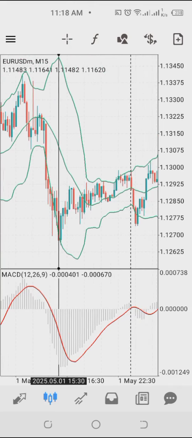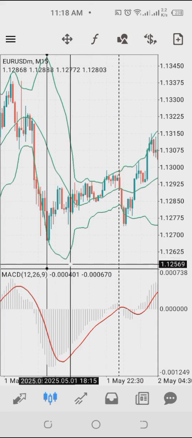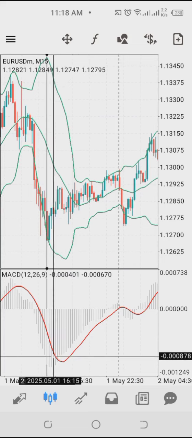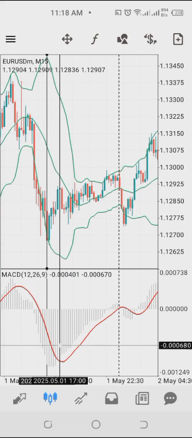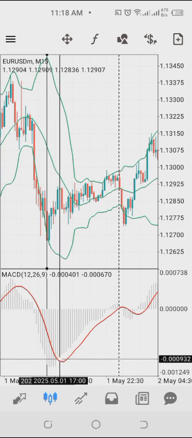Very simple, guys. Very, very simple. The first thing you should ensure is that you see the MACD moving upwards.